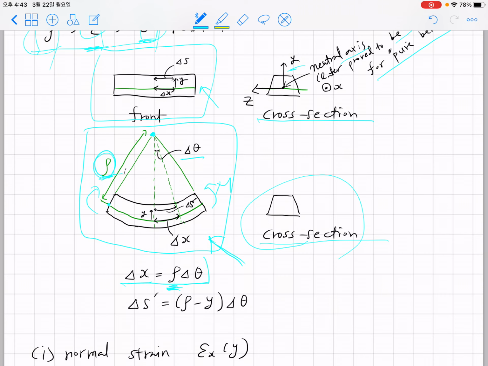Now regarding a y distance above this neutral axis, instead of rho, the distance here is rho minus y. So delta s prime, which is smaller than delta x when y is larger than 0, can be written as rho minus y multiplied by delta theta. So these are the mathematical equations regarding the assumption we made in the previous page.